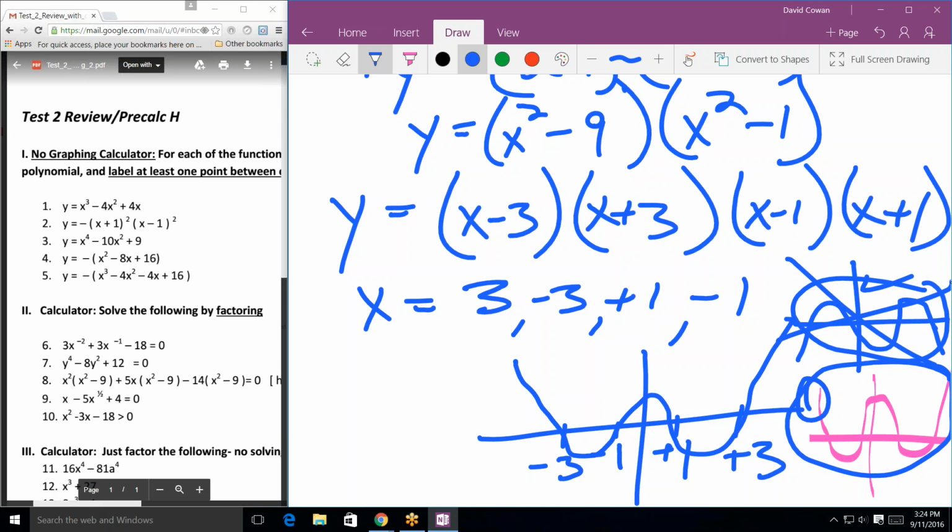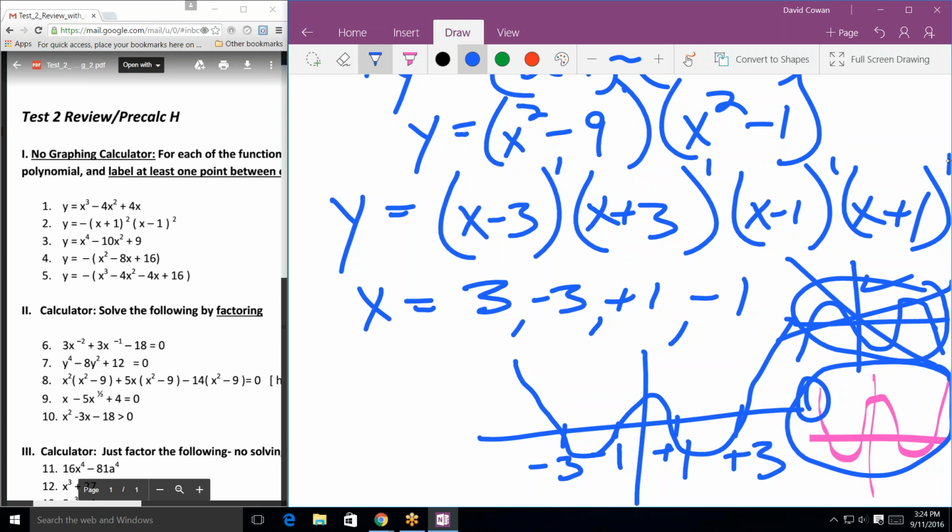Now, how did I know that it didn't kiss? In other words, how do I know that at these x-intercepts it crossed the x-axis? Well, each of these is to the 1 power, right? And that being the case, that's an odd number, 1, and so it has to cross the x-axis. Whenever your intercepts are an odd power, it crosses the x-axis.